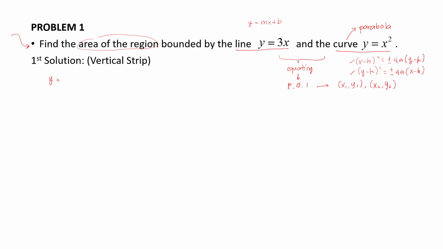Okay, so y equals 3x, and the other one is y equals x squared. Equating, y against y, so 3x is equal to x squared. Isolating everything on the left side, x squared minus 3x equals 0.